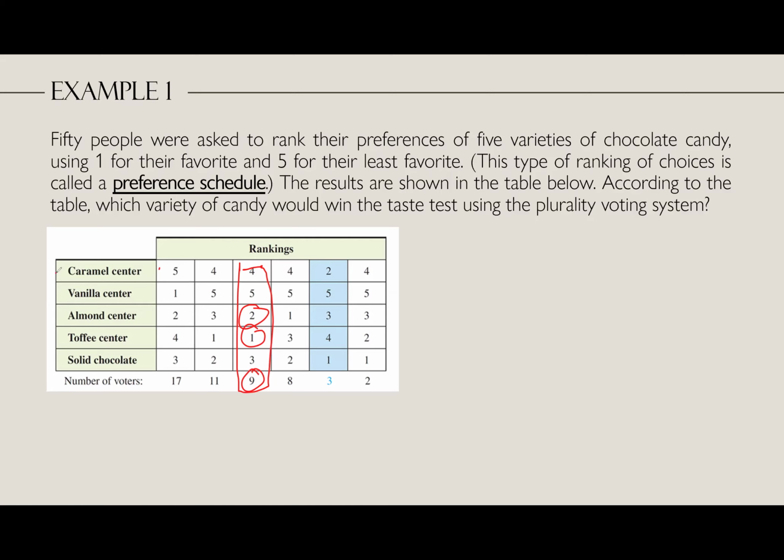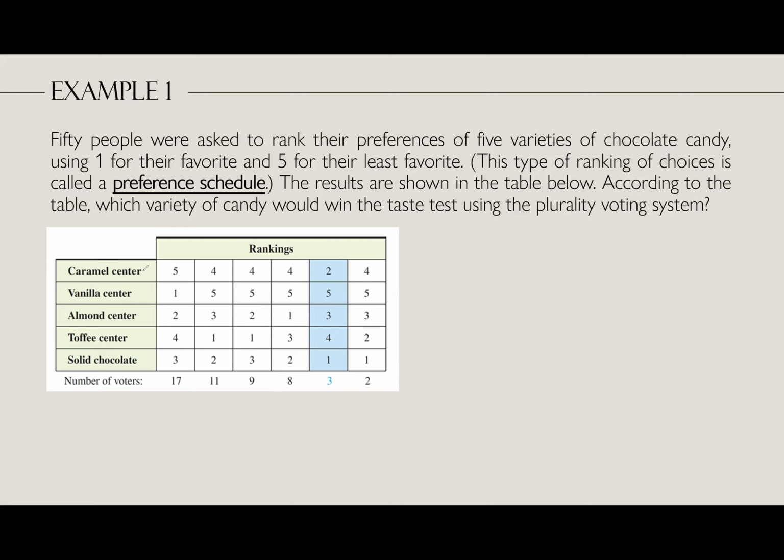So let's go ahead and now read our question. According to this table, which chocolate bar should be considered the favorite of the people if we're using the plurality voting system? So again, plurality, we only care about the top choice. So let's go down and see. Looking at the caramel center, how many first place votes did caramel get? Well, let's see.